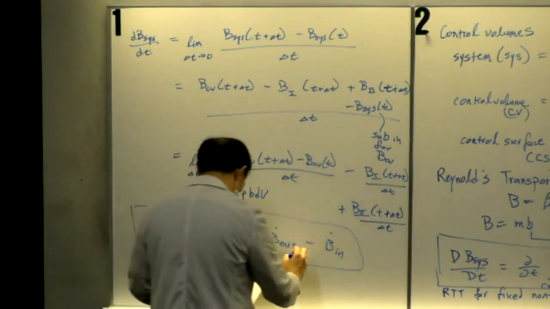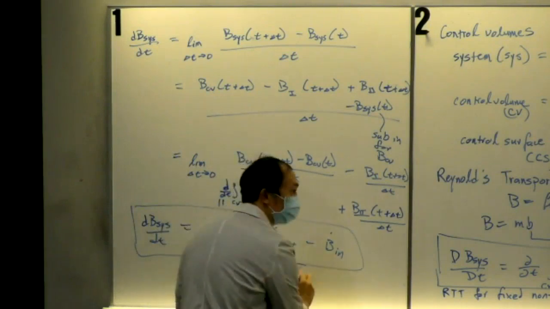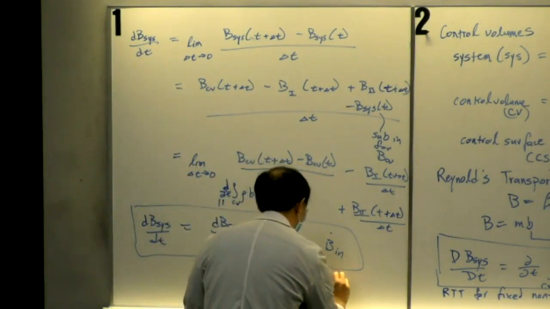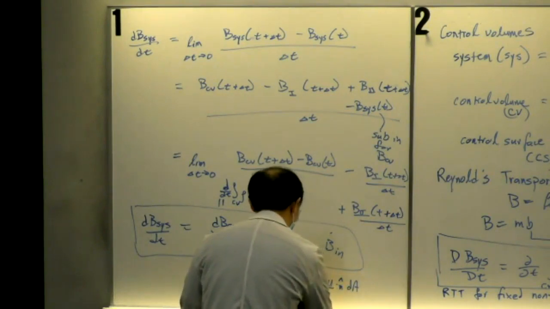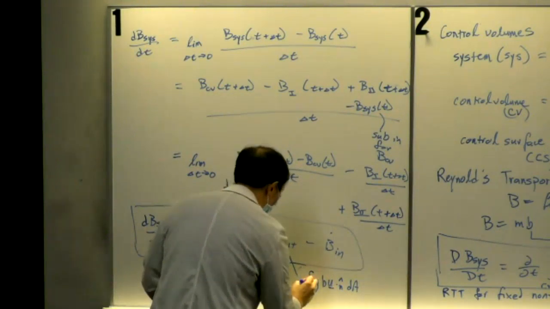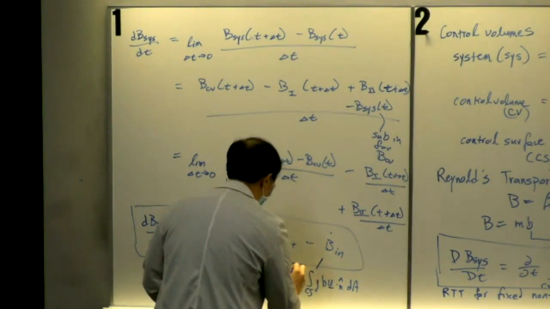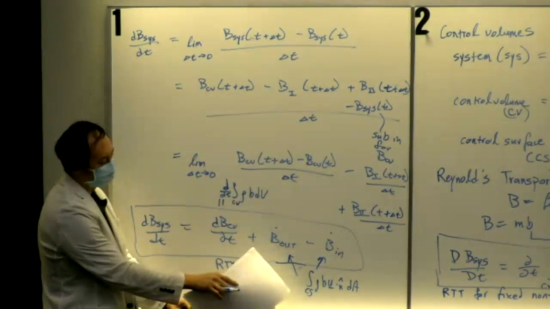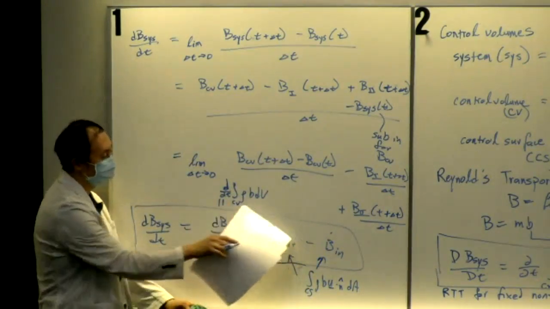And these are going to be flux terms, integral of rho B u dot n dA. So I'm going to put 2 of these arrows because this is integrating the whole control surface, but we're splitting it in 2 parts, the influx and the outflux.